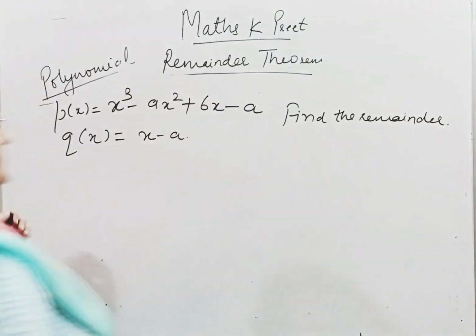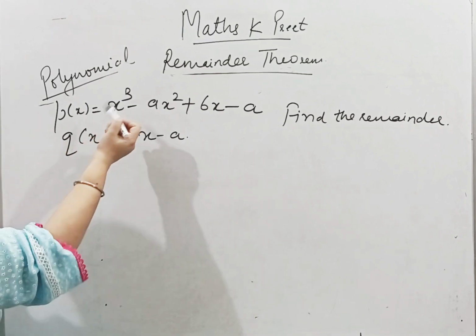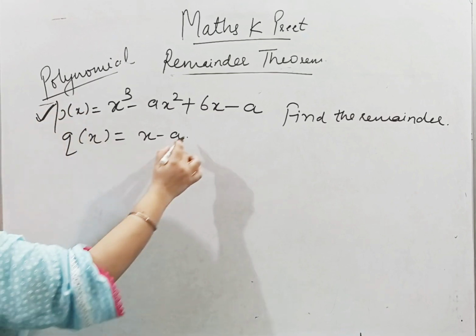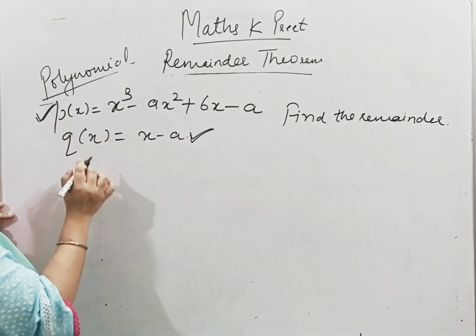So we'll see here, the first polynomial is of degree 3 which is greater than or equal to 1. Fine. This is a linear polynomial. Fine.